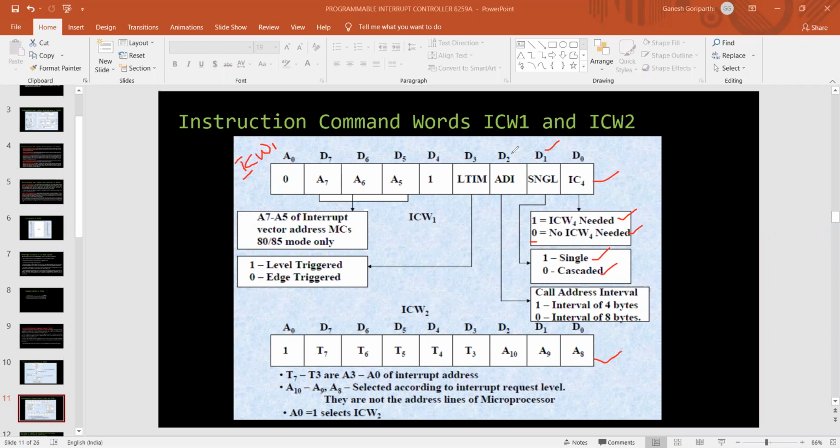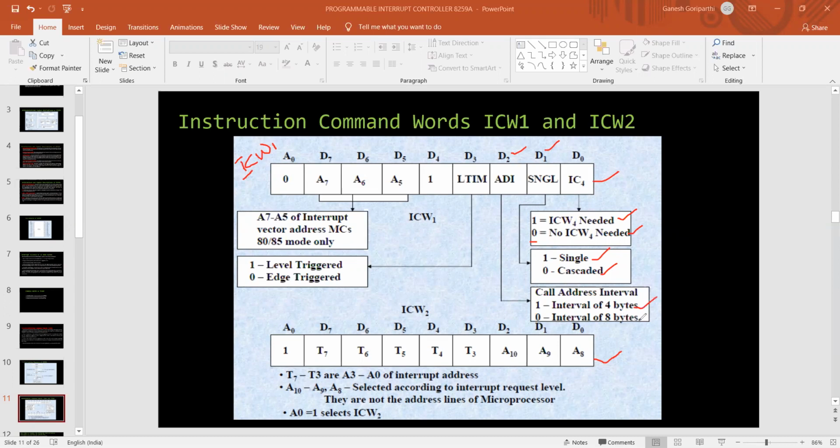Next bit, the D2 bit. What does this D2 bit tell? It is ADI, which means call address interval. That means the interval between two interrupt sequences. If it is 1, it states that it requires only 4 bytes of interval.